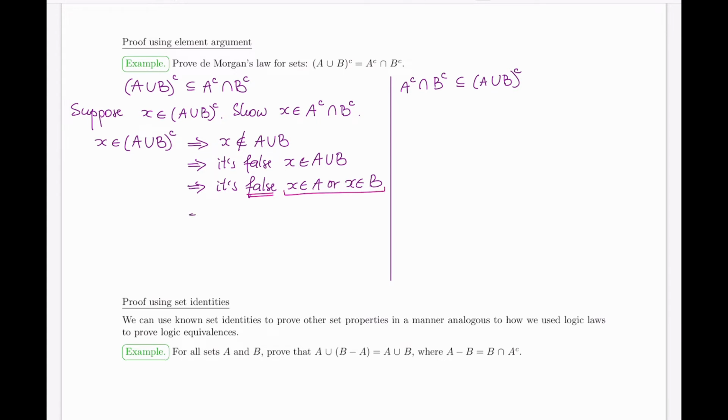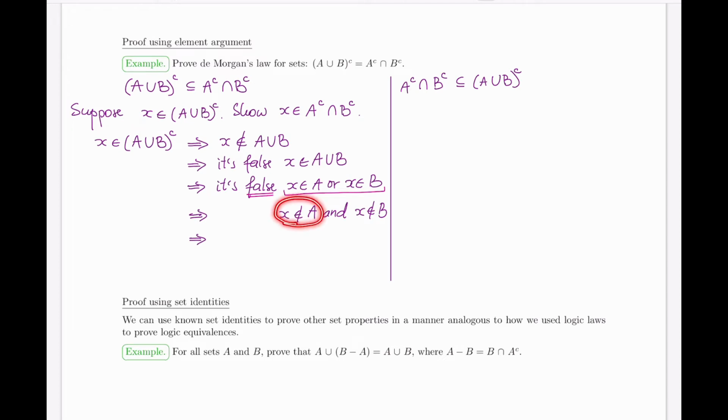So what we can conclude from here is it implies that X is not in A. And remember that we have to flip everything. So disjunction becomes conjunction. So it is then not the case that X is in B. And now, having applied logic, we're going to go back to statements about sets.